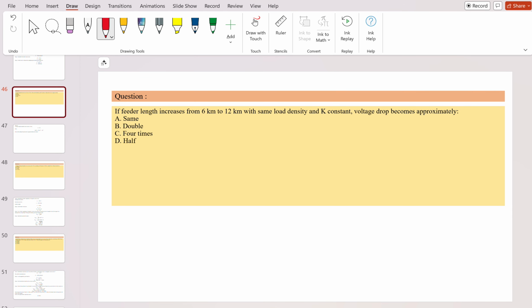So this is the kind of problem where you change the feeder length, suppose from 6 kilometer to 12 kilometer.